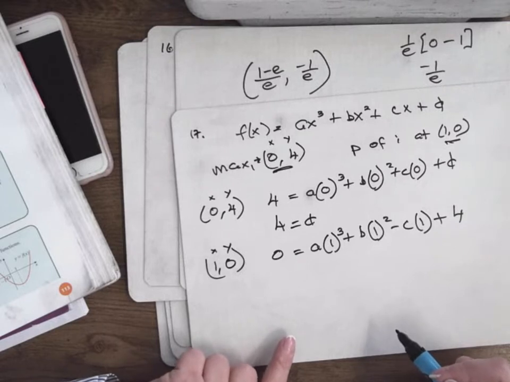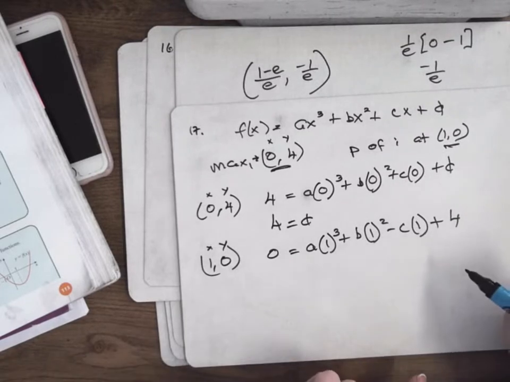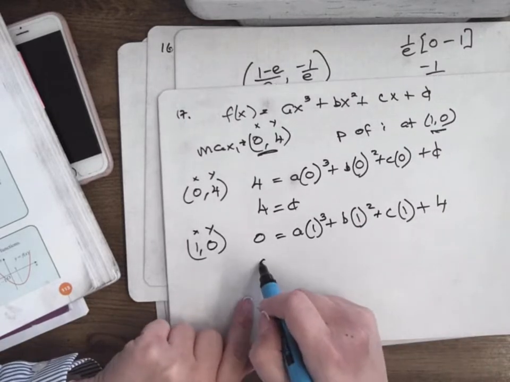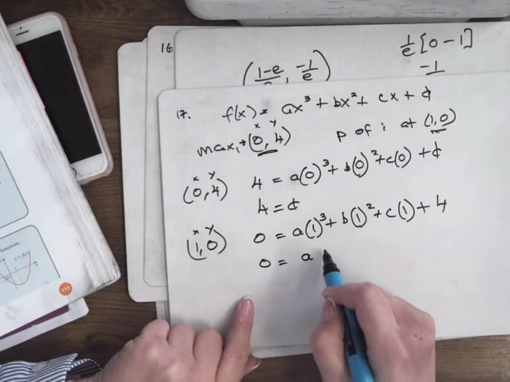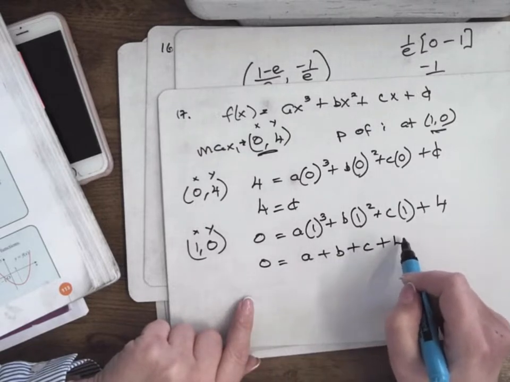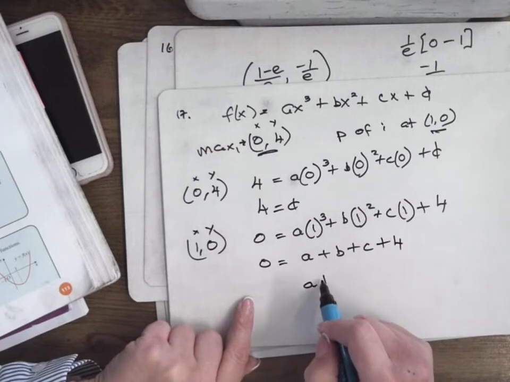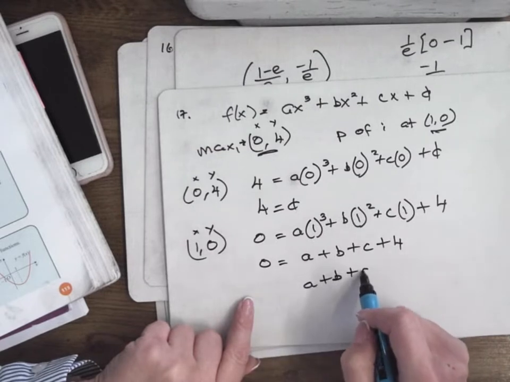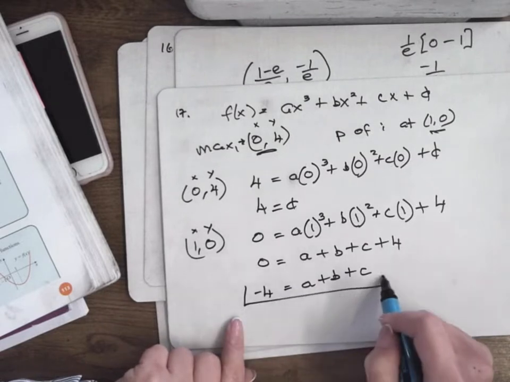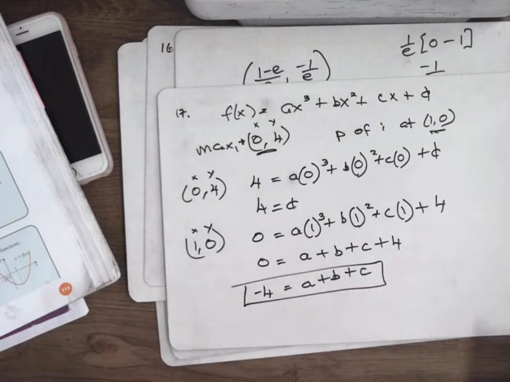Am I okay? It's plus c, yeah, sorry, thank you. Right, so I get 0 is equal to a plus b plus c plus 4. So I'm just going to change that to a plus b plus c equals minus 4. I'll come back and deal with that in a while. Okay, I can't go any further there.